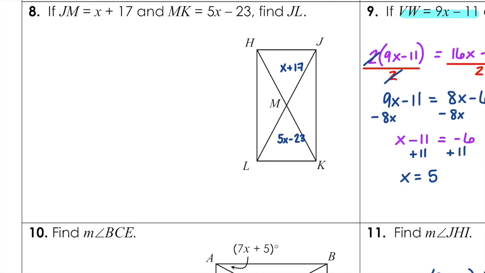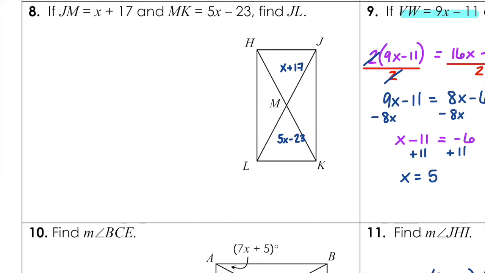So what did they give us individual diagonal pieces for? You're gonna put them equal to each other. Why are they equal to each other though? Because of the midpoint. All of our diagonals in a rectangle are congruent.